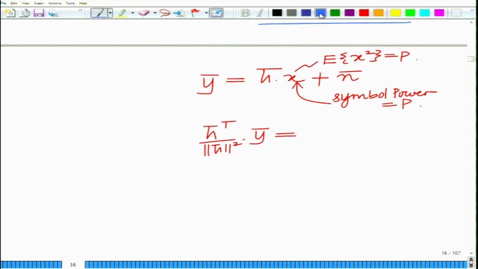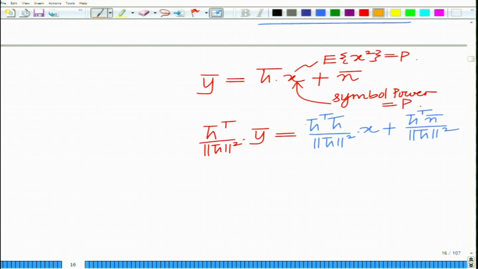This is H bar transpose H bar divided by norm H bar square times x plus H bar transpose n bar divided by norm H bar square.